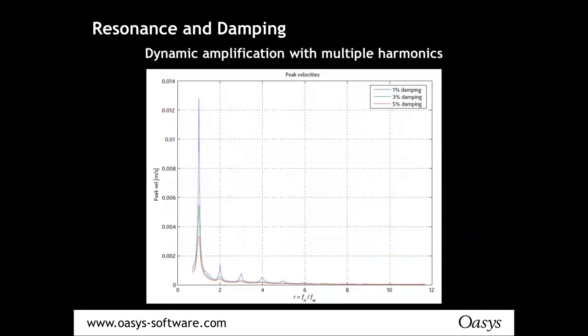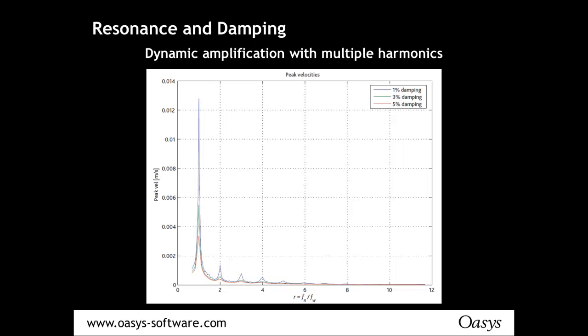Now, remember that resonance occurs not just with the fundamental frequency, but also with the harmonics as well. You can see if you allowed the structure to vibrate within the walking frequencies, you would get huge resonance with the first harmonic, which is a potential problem for footbridges and so on, which tend to be quite low frequency structures.